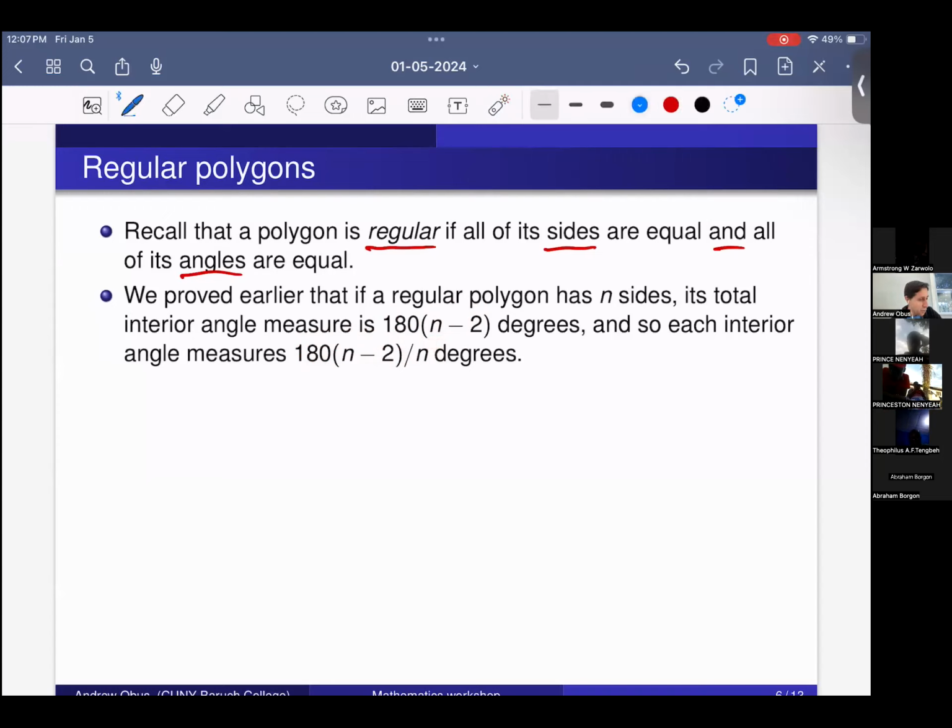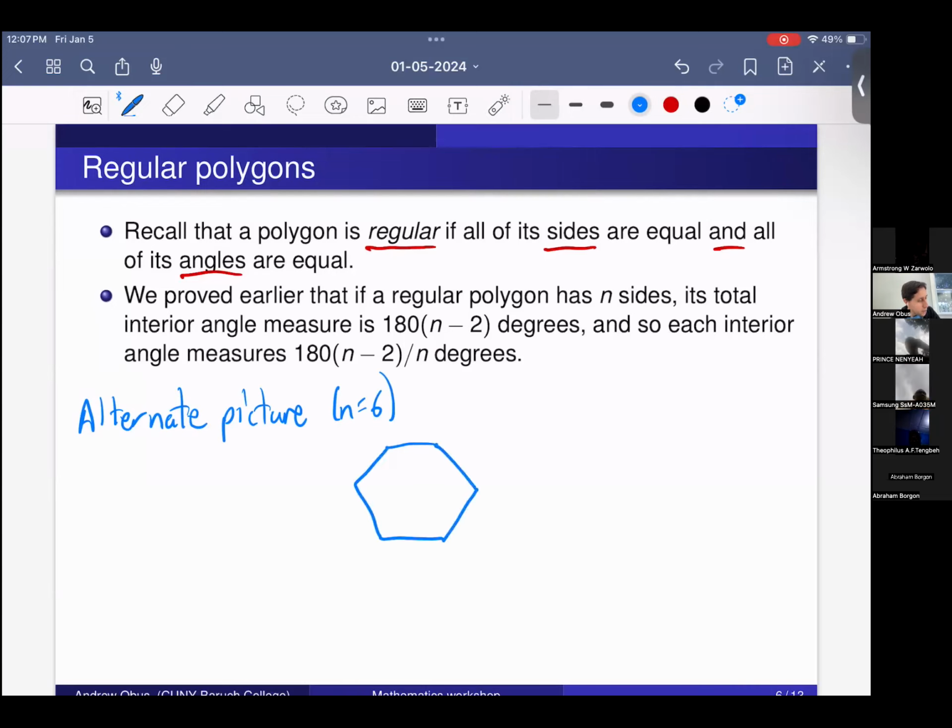So I gave a certain proof. Let me just give you an alternate picture for this. Let's say n equals 6, just as an example. What I did was I divided this into triangles by drawing a point in the center and dividing it into a bunch of triangles. But you can also just pick a corner and draw all the diagonals that come from that corner.